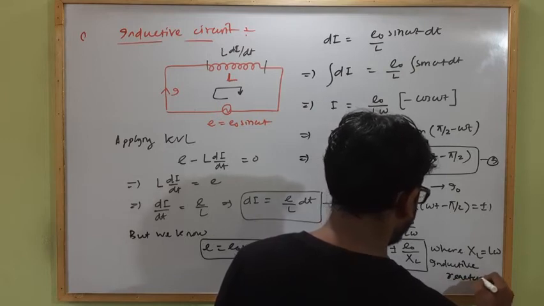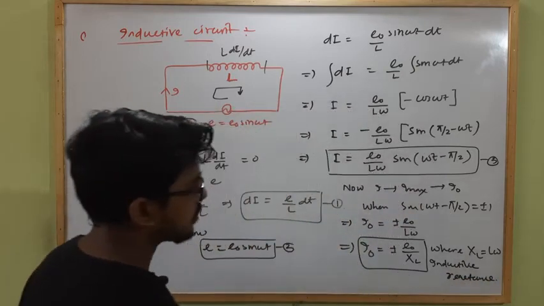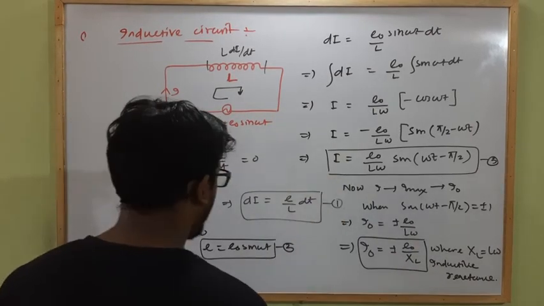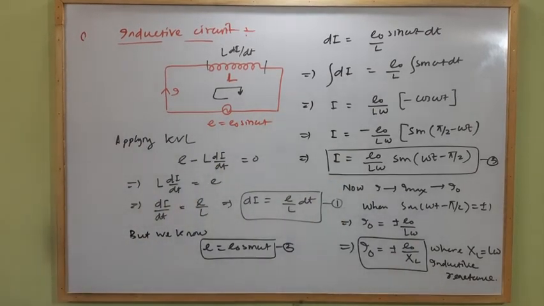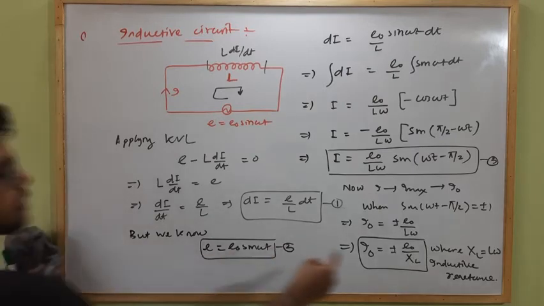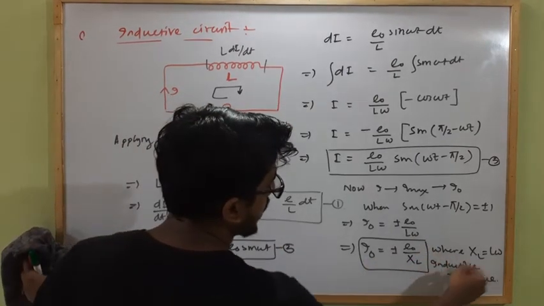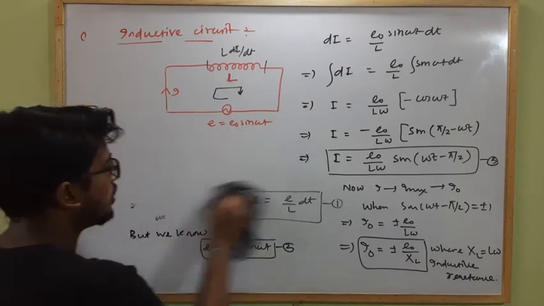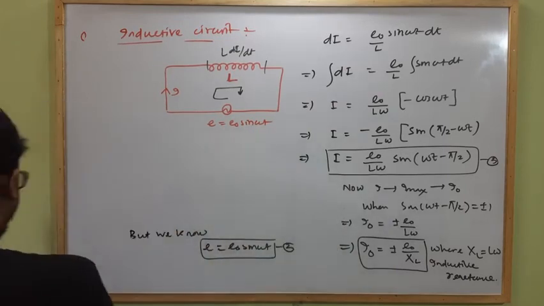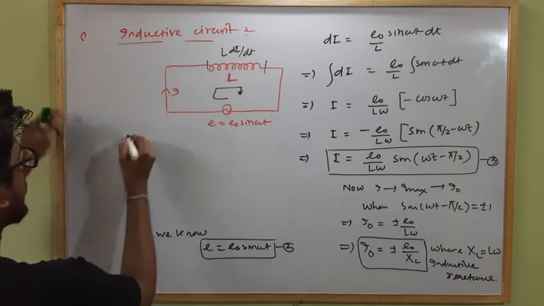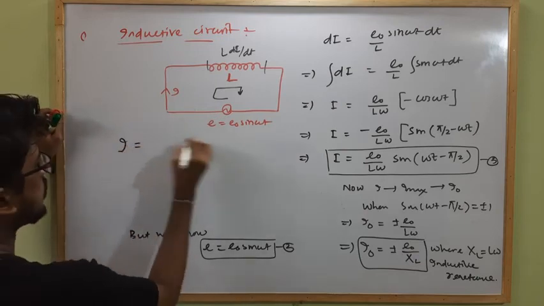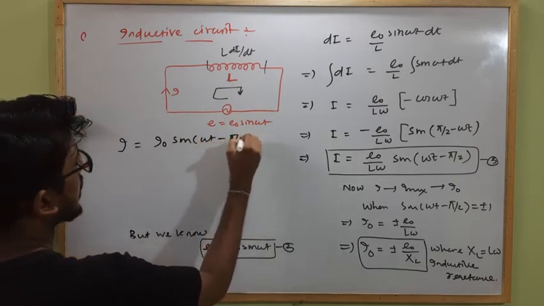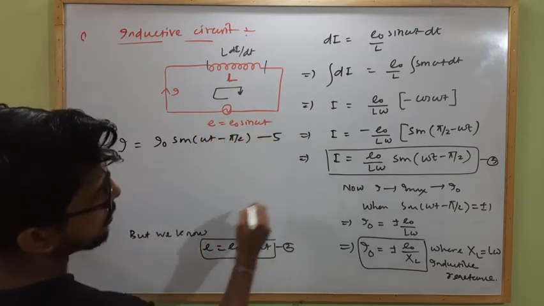Clear? So here I naught equals plus or minus E naught by XL. You have to remember here that XL equals L omega, which is known as inductive reactance. So what is the value of I at any instant? I equals I naught sin of omega t minus pi by 2. This is equation 4.